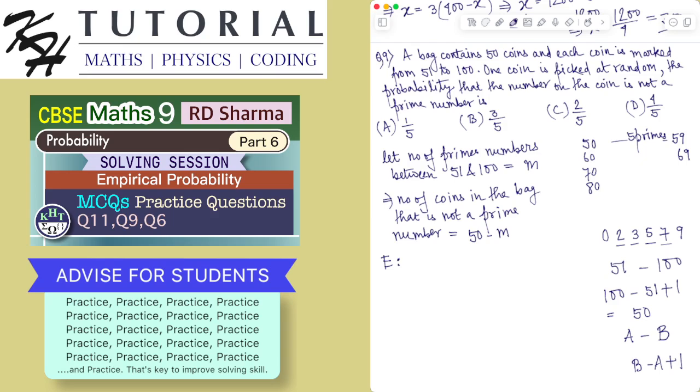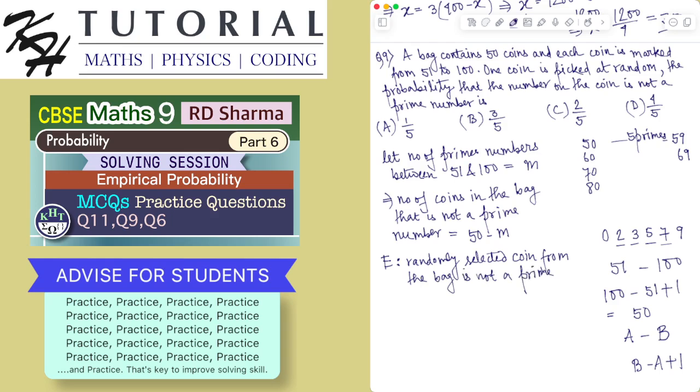So let's say I am naming the event E as: the randomly selected coin from the bag is not a prime number. That is, it is not marked by a number which is a prime.